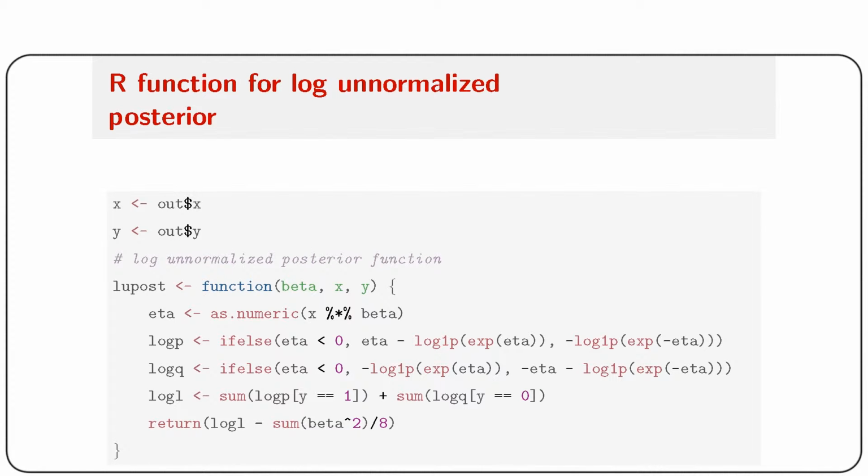Let's suppose x equals out$x and y equals out$y, and the log unnormalized posterior function can be defined by this function, say lupost. We are passing beta, x and y as the arguments, and it will return the log unnormalized posterior.